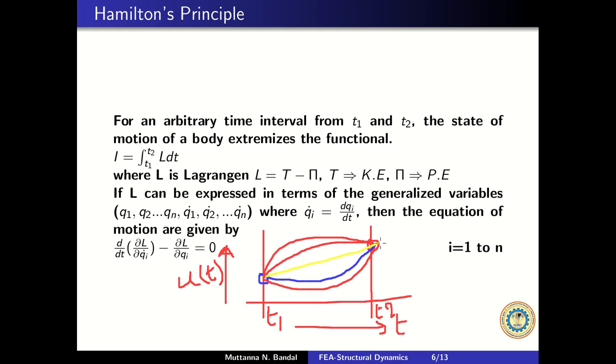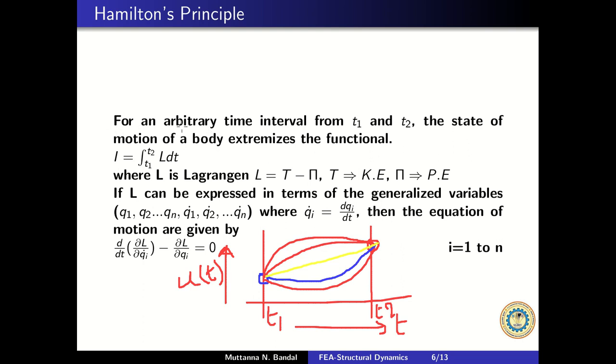Obviously, whichever is the minimum path, that path will be taken by this mass to move from this position to the T2 position. So that is the explanation of this statement.